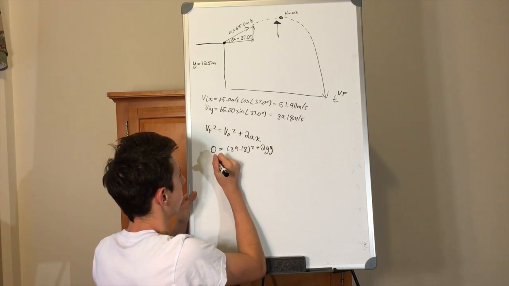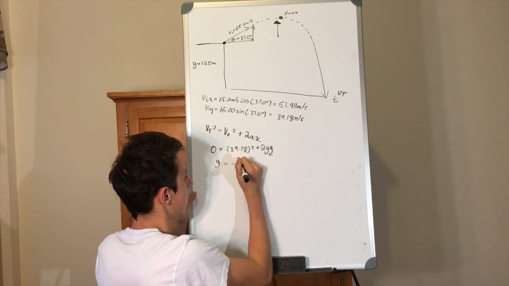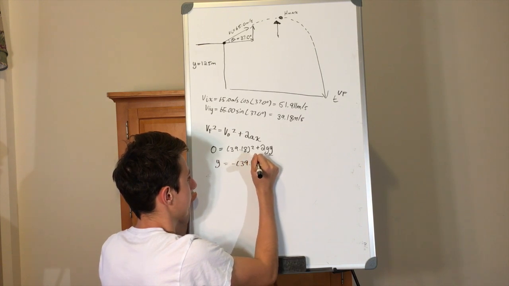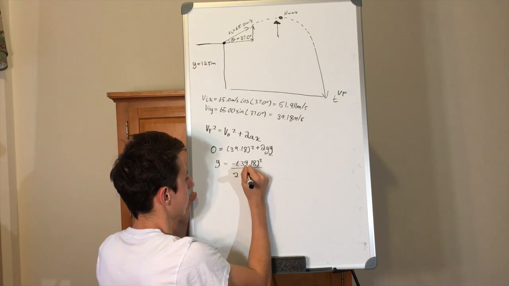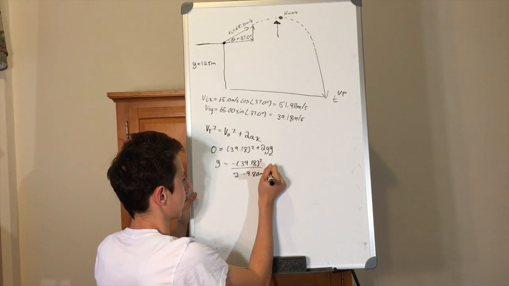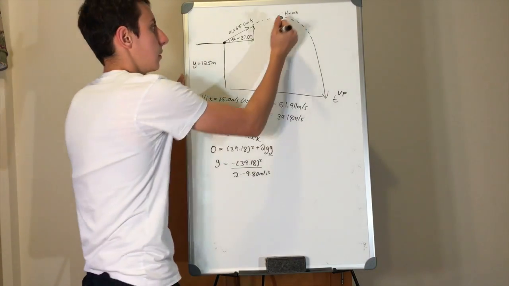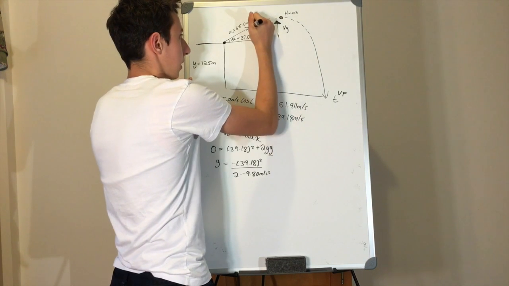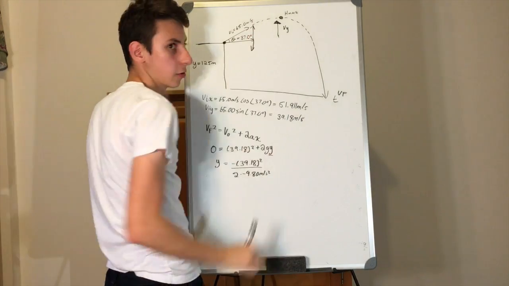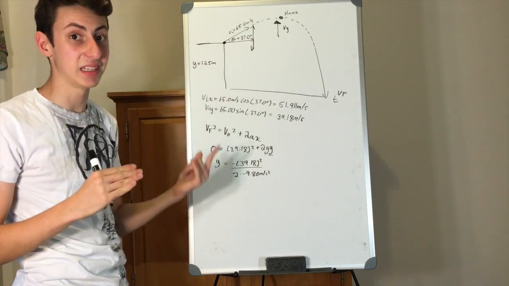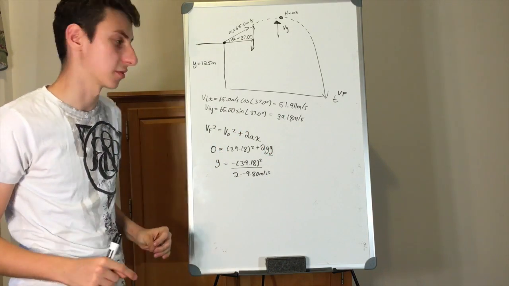So then we get our y, which is our height, is equal to, subtract that over, negative 39.18 squared over 2 times negative 9.80 meters per second squared. Remembering that since the force of gravity is acting opposite the y component of velocity, in this case going from this point to this point, it is going to be negative since it's a deceleration. It's decelerating as it's going from 39.18 meters per second to 0 meters per second.